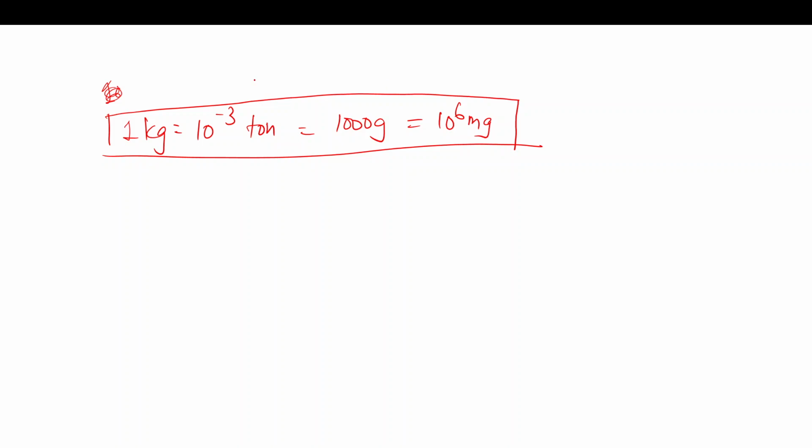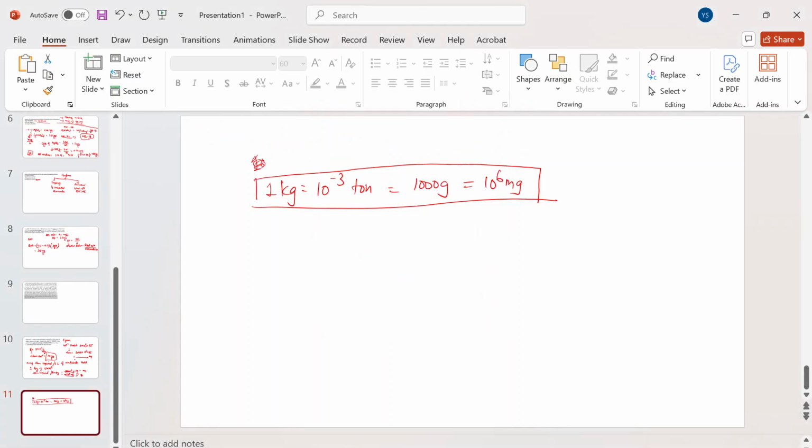So you can convert also depending on the requirement, what is asked in the question. And you obviously cannot write 10 to the power 12 milligrams if it is required, right? So it is better to convert it into kg or tons, because it is easier to understand and easier to interpret, right? So I will post the answer for the question which we have missed.